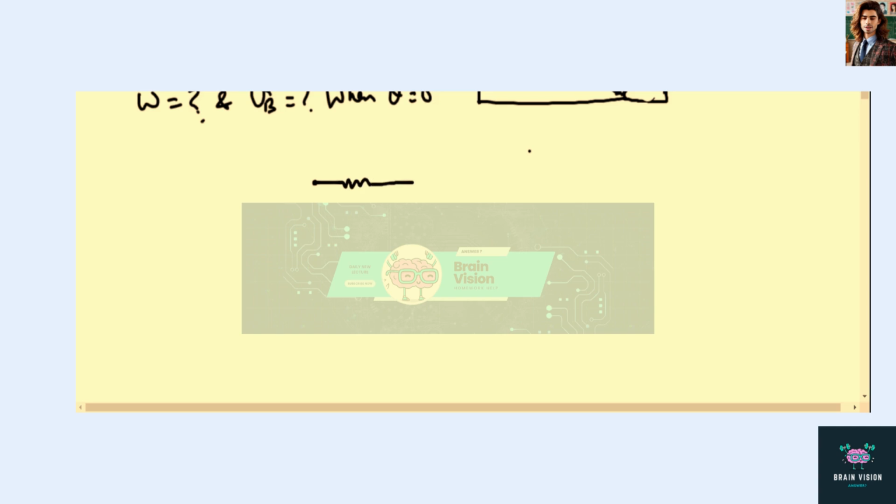This is the spring, rod AB, and this is B. This is centroid. Here weight will act. This angle is given 50 degree.